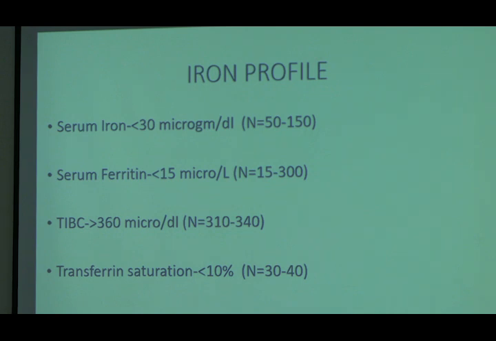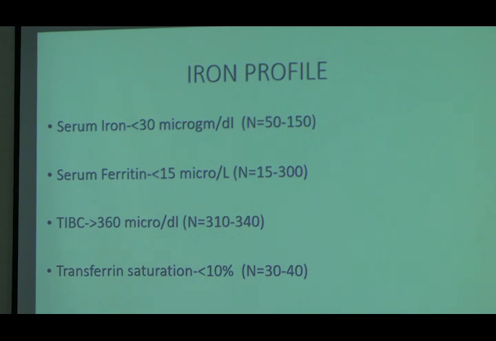In iron metabolism, iron is obtained from diet, absorbed, and then circulated in a bound form with a protein called transferrin. It is stored in another protein called ferritin, in bone marrow and liver. So these are the important components in the iron profile, and all of these are measured.